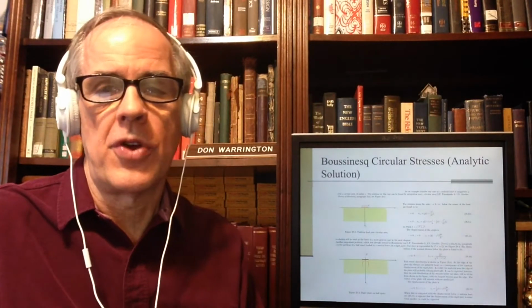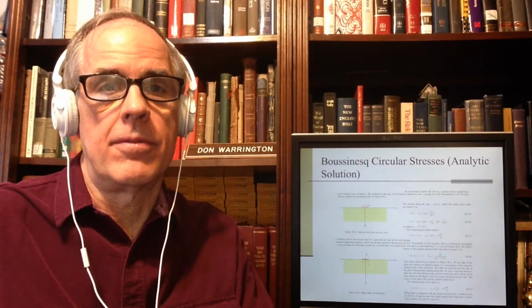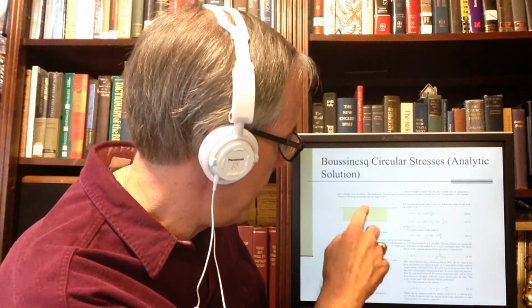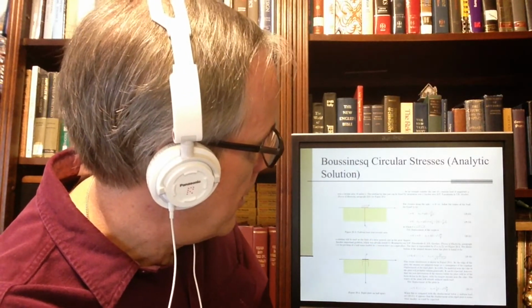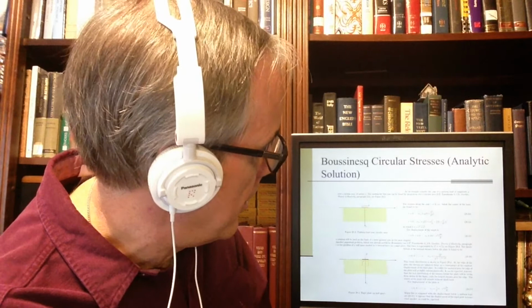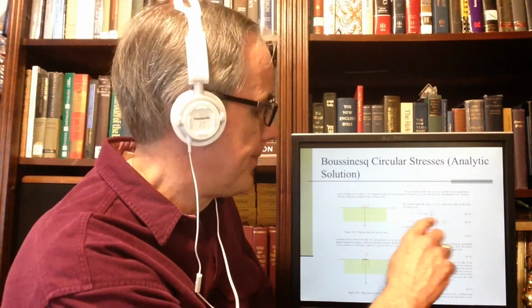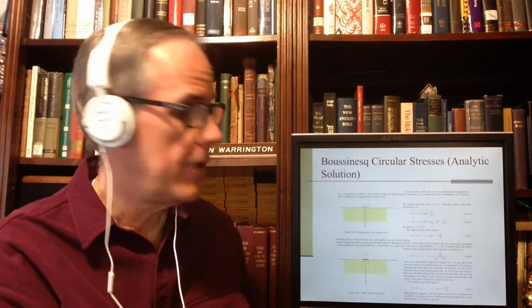And so I just haven't found those yet. So with that in mind, we're just going to concentrate on right directly under the center. And the stresses are, there are no shear stresses there, but you have radial stresses or horizontal stresses and vertical stresses in those cases.